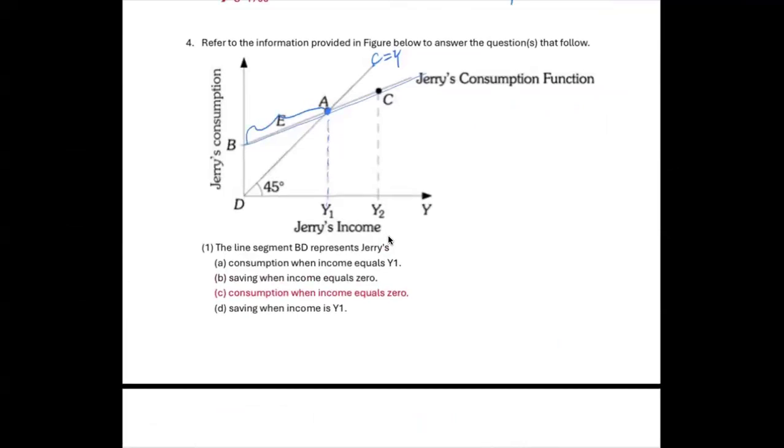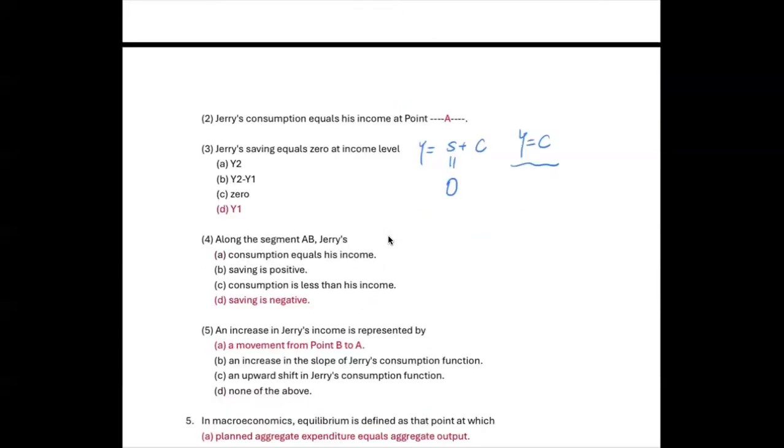So for the 45-degree line, C equals Y. But here, you can see that the actual consumption is larger than Y itself, right? So if C is larger than Y, then S, which is Y subtract C, would be negative, right? So the answer is D.